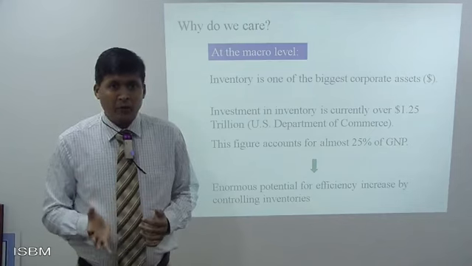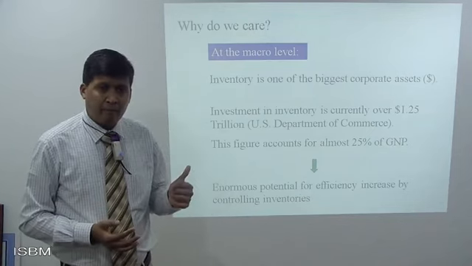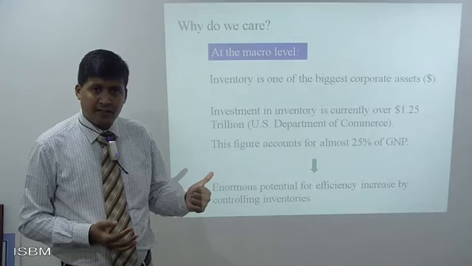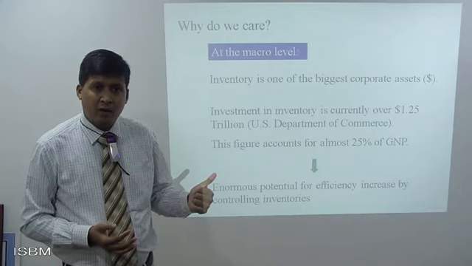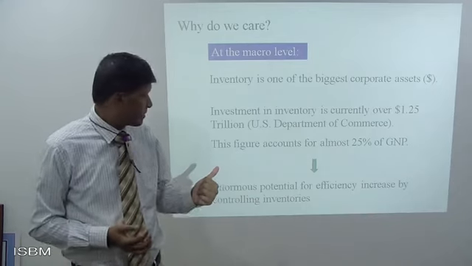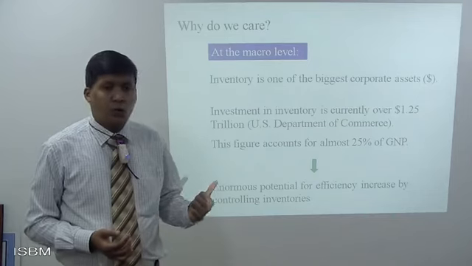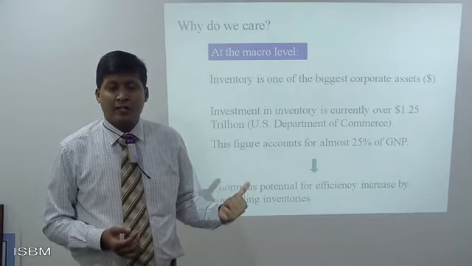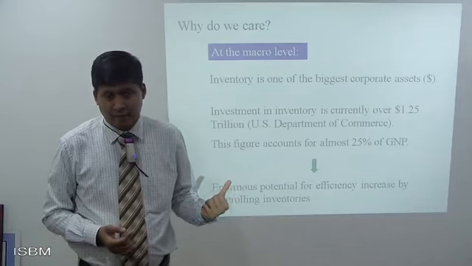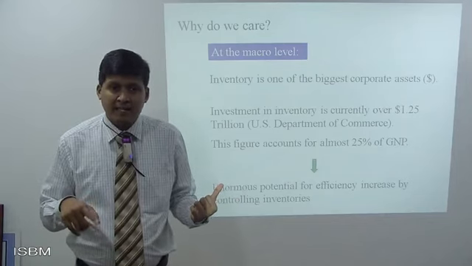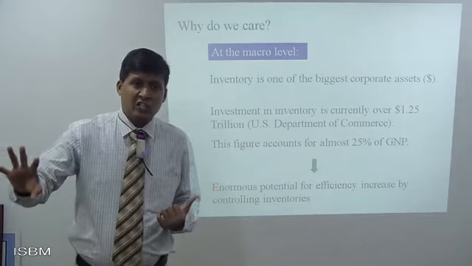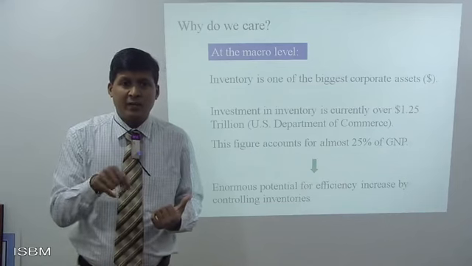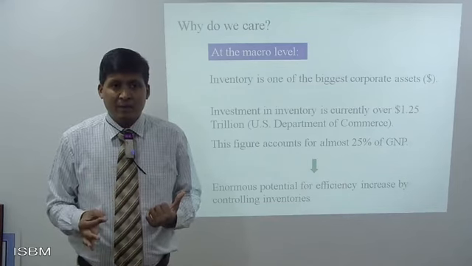So world over, in the US itself, the inventory is actually equivalent to the GDP of India, $1.25 trillion. This figure accounts for almost 25% of the gross national product of the US itself. If you are comparing with the Indian marketplace, US inventory is equivalent to the Indian GDP total.